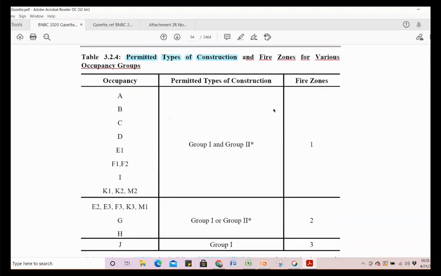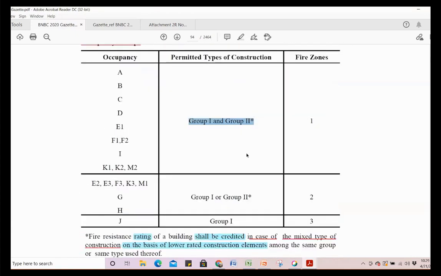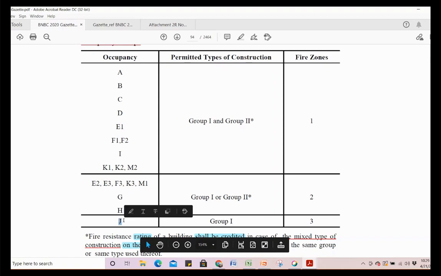So here comes the permitted type of construction. Already we have an orientation about different type of constructions like group 1 and group 2. So the table says that particularly for occupancy J, group 1 construction is mandatory and it must be located in fire zone 3.